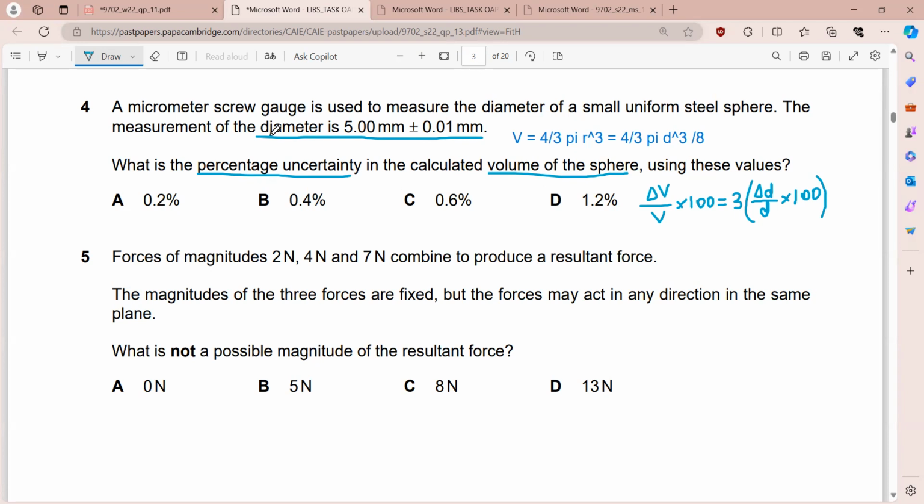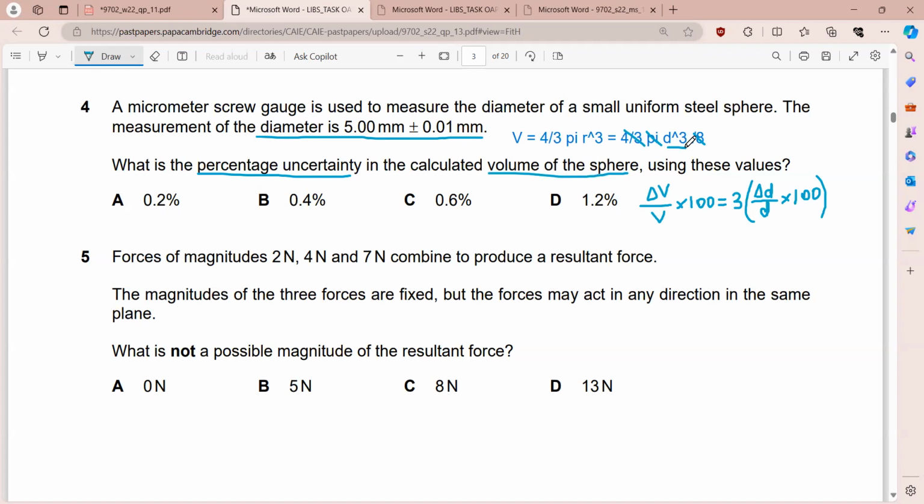But what we have is diameter. And we can write the formula of the volume of a sphere in terms of the diameter to make things easier. So that is just 4/3 pi d cubed by 8. So we cancel out all constants, only leave the variable and its indice, so that we end up with d cubed.